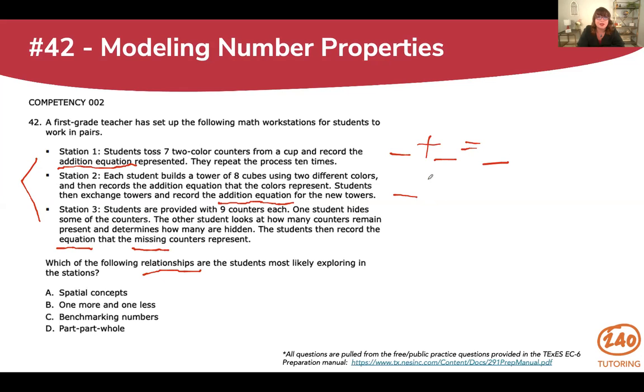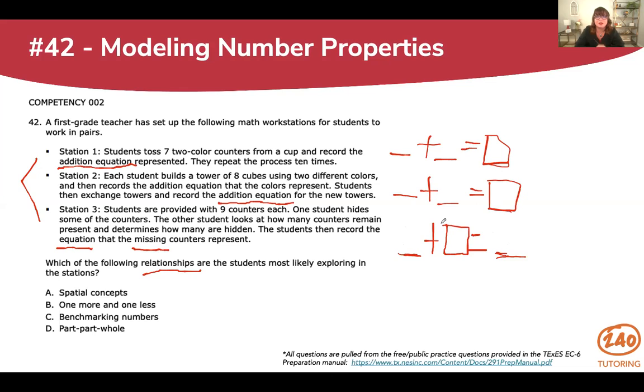Here we're looking at an addition equation where they actually know these numbers and they're looking for this one. And here it's a missing add-end equation. So we know the total, we know the sum, and we know one of the add-ins, but we don't know how many were hidden. Now, some of you are like, I don't see addition equations listed as any answer choice.